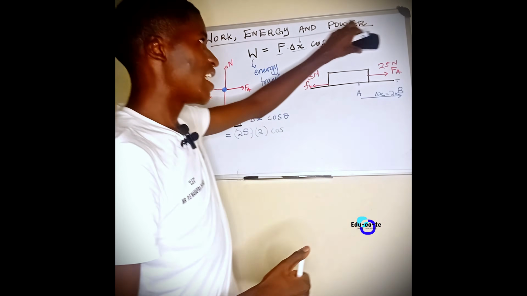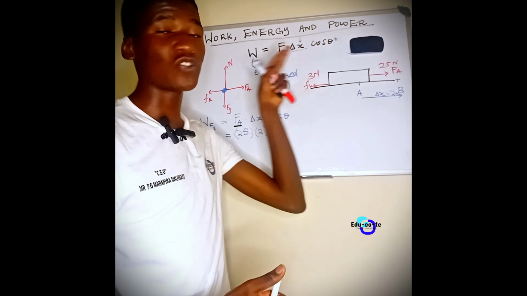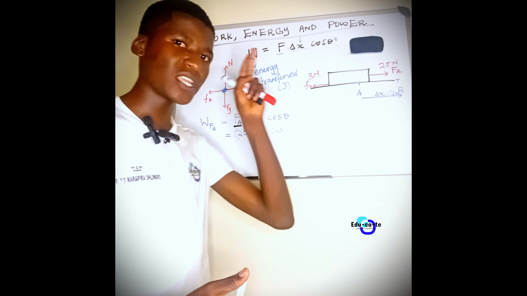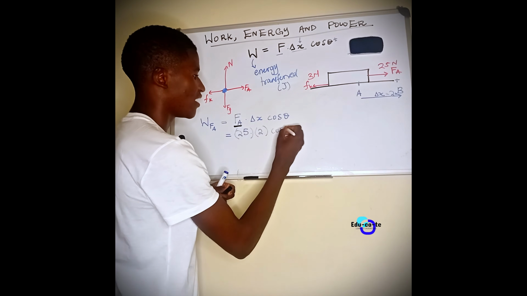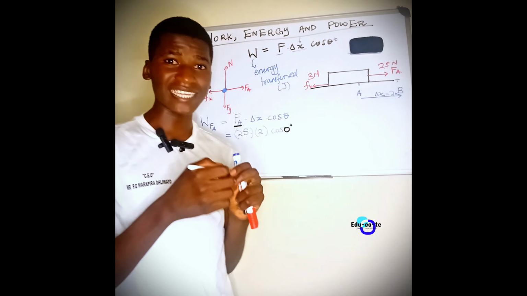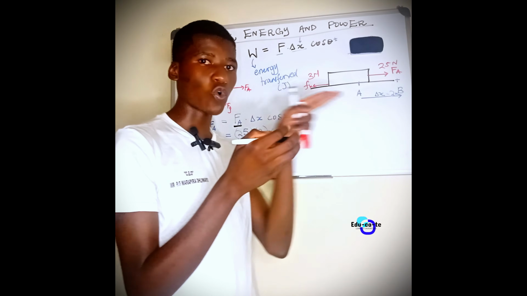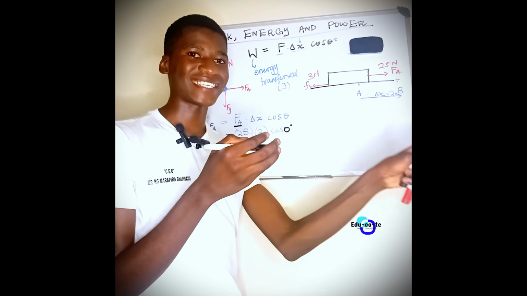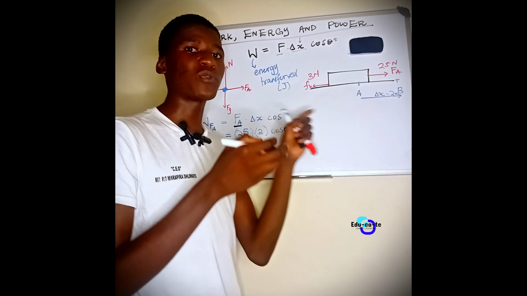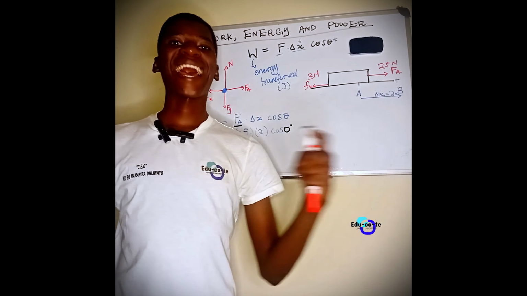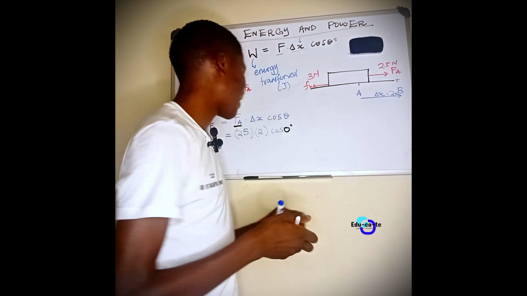For example, right now as I apply a force, the force applied is to the right and the object is also moving to the right, so we use the angle 0 degrees. We use 0 degrees when the force is going in the same direction as the object, but when it is going in the opposite direction, we use 180 degrees. So we've got only two possibilities, 0 and 180 degrees.